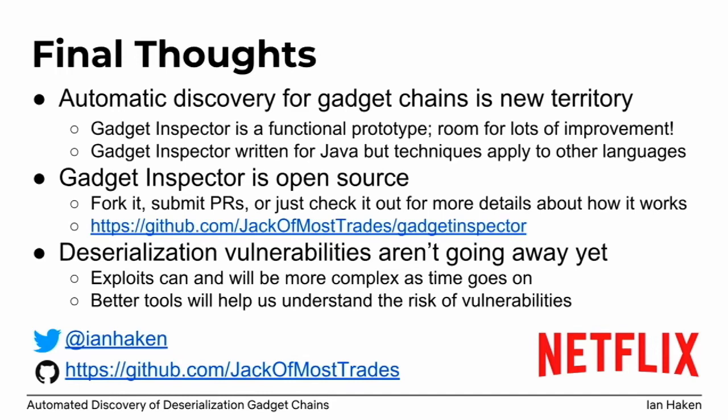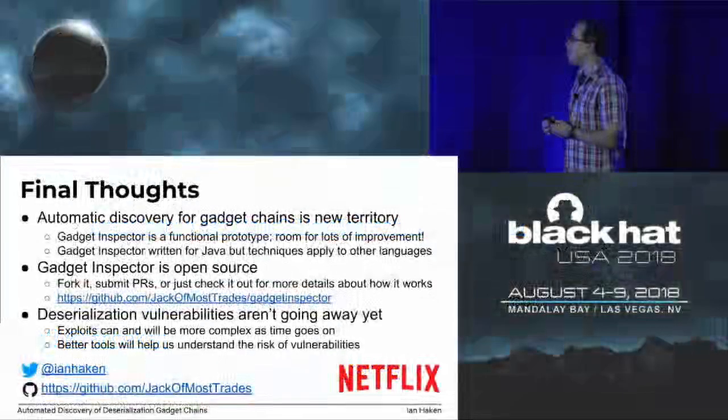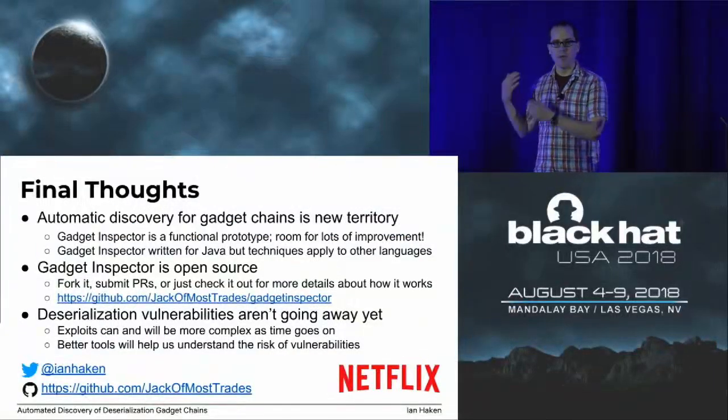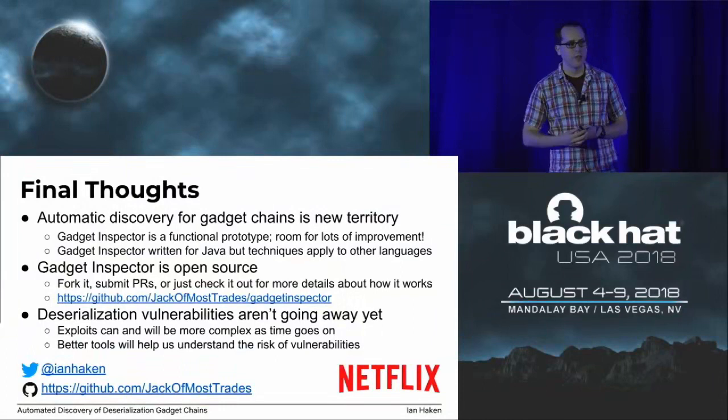There's still things we have to deal with, and we're still realizing that there's new libraries that are subject to these kinds of vulnerabilities. And hopefully, as that last example showed, the gadget chains that we're able to build for these sorts of vulnerabilities are getting more and more complicated and more sophisticated. So I think we need better tools that are better able to understand our risk profile in these sorts of applications.